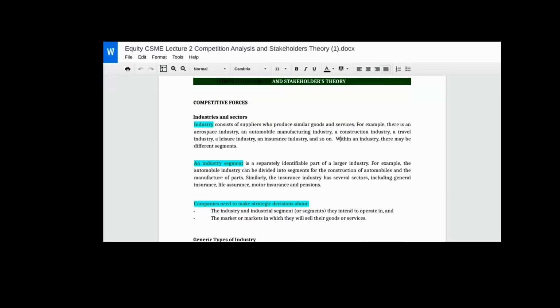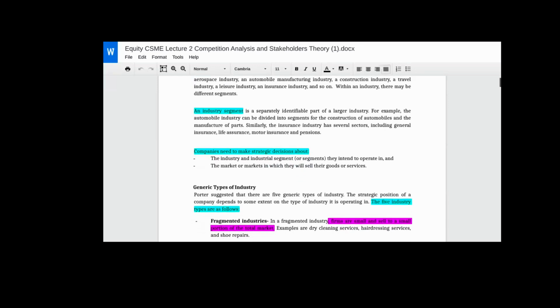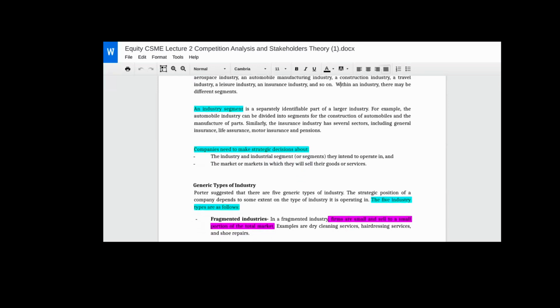For instance, we have the manufacturing industry, the construction industry, the insurance industry. That's what we call industry. And when we are talking of the industry segment, the segment just means a unit that two, three, four, five units can come together to make up an industry.